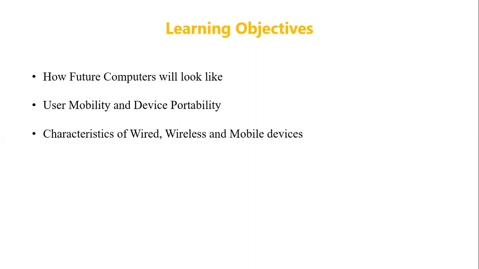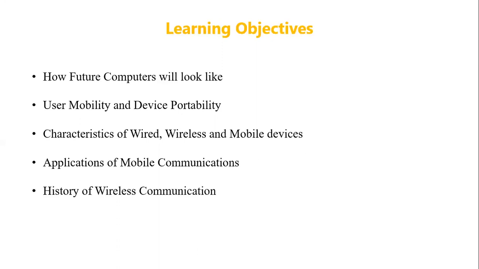You'll be able to understand the characteristics of various wired, wireless, and mobile devices. And then you'll be able to describe several applications of mobile communications. And also you'll be knowing the history of wireless communication. So this is the objective of this particular session.